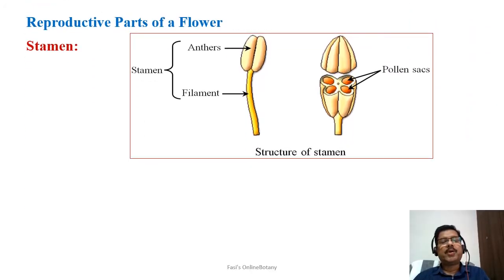The reproductive parts of the flower include stamens, which consist of a filament and anther together. The anther contains the pollen sacs, which hold pollen grains or microspores.